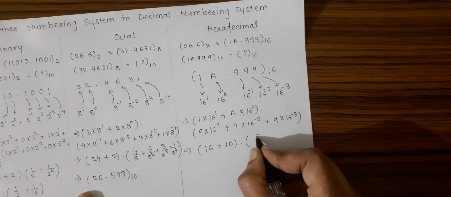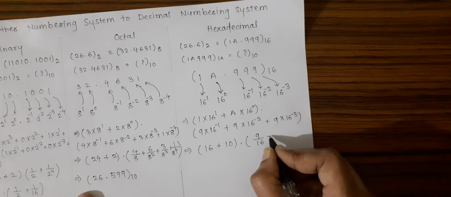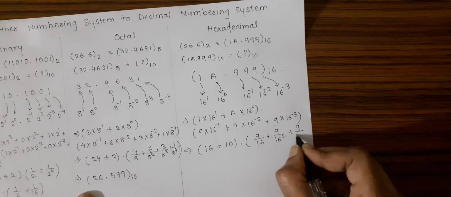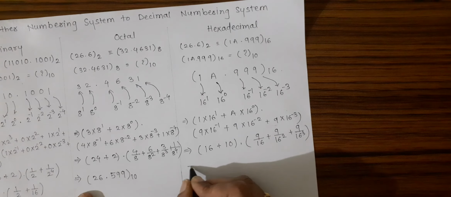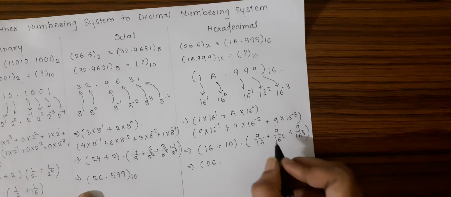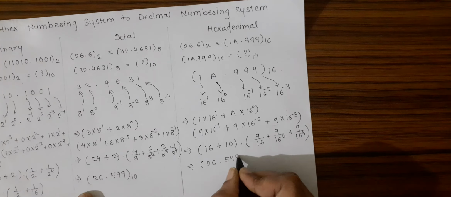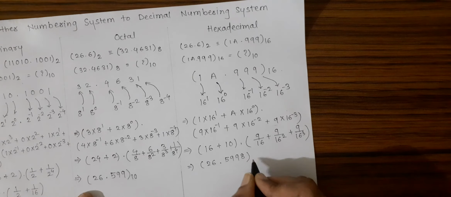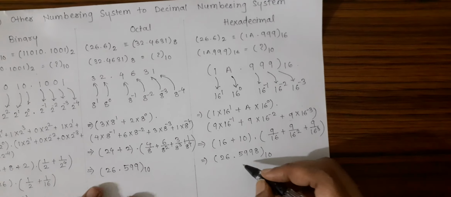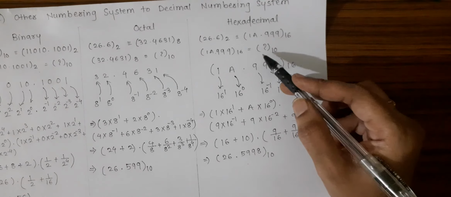This could be written as 9 by 16 plus 9 by 16 square plus 9 by 16 cube. So this results in 26 point. After solving it, we will have 5998 base 10. So this is the decimal equivalent of the given hexadecimal.